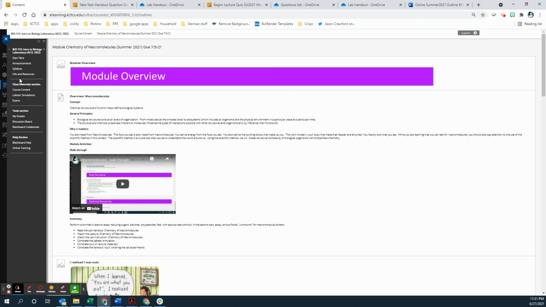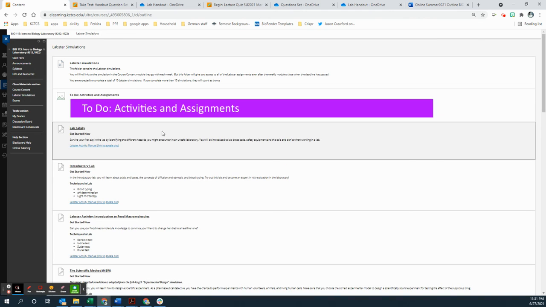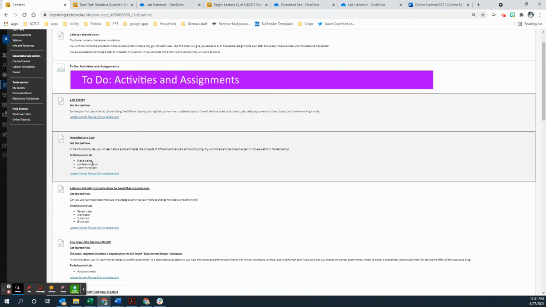The other items that I want you to consider looking at this week when you click on the Labster simulation: there's lab safety, there's an introductory lab. The introductory lab is probably going to be better for the enzyme lab, because we're going to be talking about acids in it.